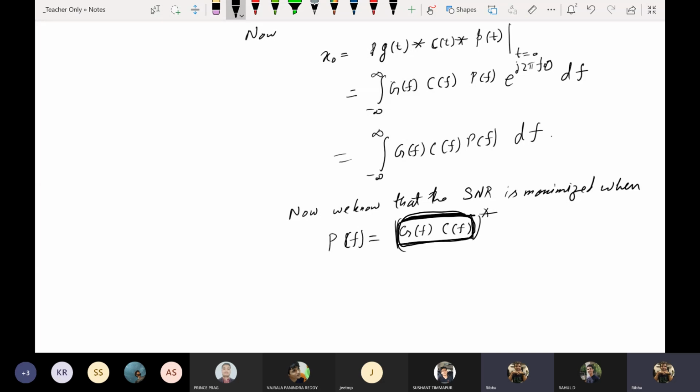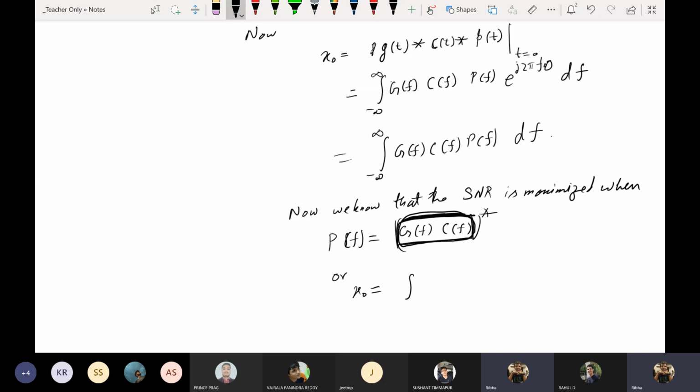Matched filtering says that to maximize the SNR, this P(f) should be matched with the pulse that you receive. Fine.